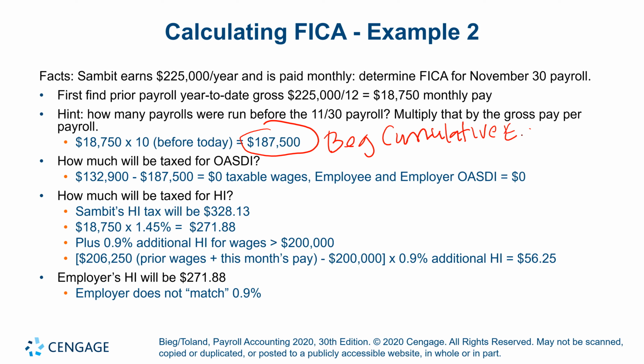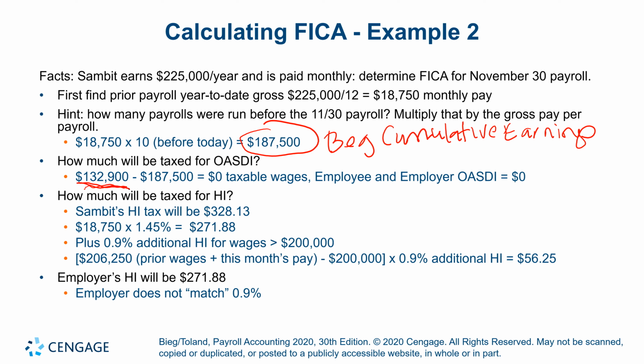And so beginning cumulative earnings, that would be basically up through the end of October, right? Those would be our beginning cumulative earnings. And so if this person's already at 187,500, they're already over the Social Security tax maximum, right? Remember, the maximum is 132,900.